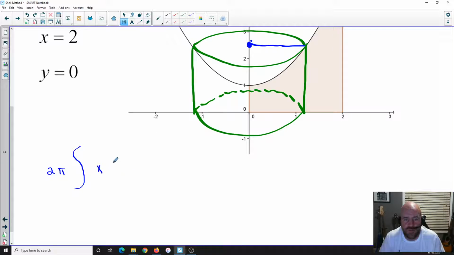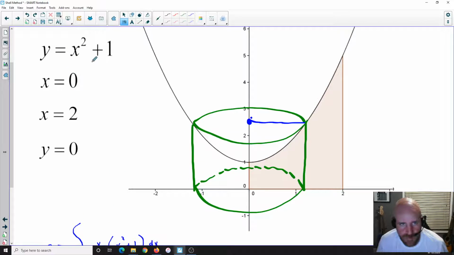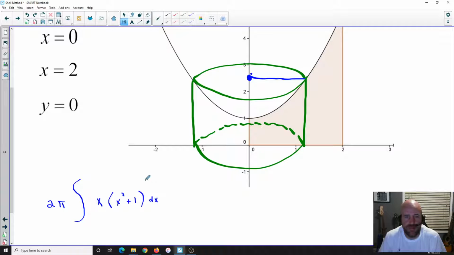Our function was x squared plus 1, and then our width is dx. Okay, so there's our function. Now we can go ahead and figure out what the boundaries are. We are going in terms of x, so x is 0 to x is 2. So 0 to 2.